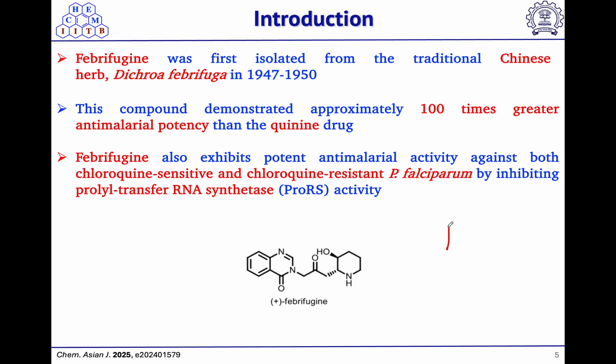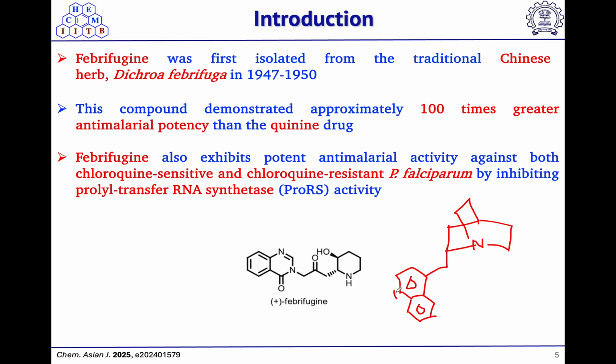So this is quinine. I can write the structure of quinine. It is a bicyclic compound. First is the quinoline ring.